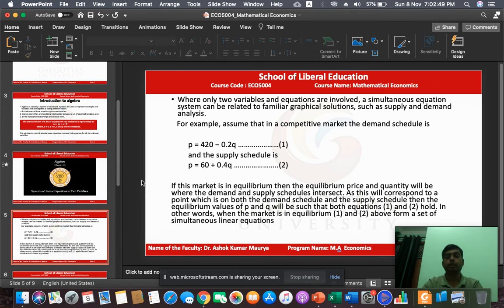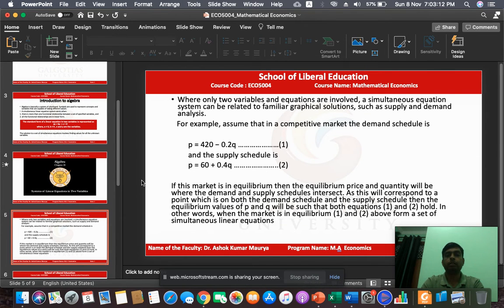Now we'll discuss the economic application of linear equation. In the beginning of economics, we always talk about demand and supply. So there are two equations, the demand side equation and the supply side equation.